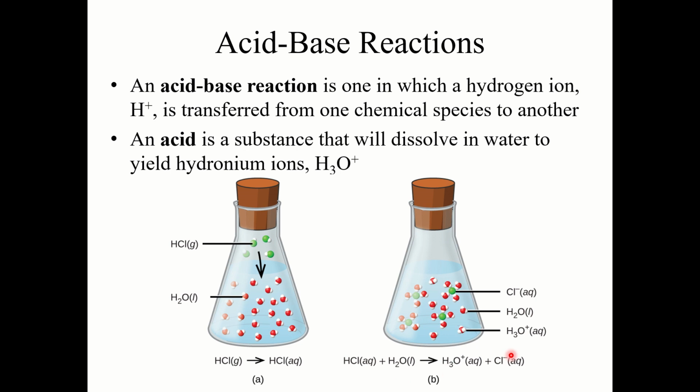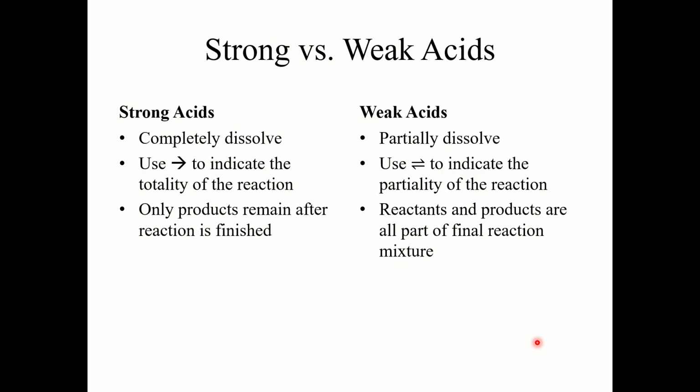We've got H3O+ and Cl-. So HCl donates a proton. It donates an H+ ion to water to form what are called hydronium ions. So this is what an acid does. It dissolves in water, or it reacts with water to form hydronium ions, and then we get these chloride ions left behind.